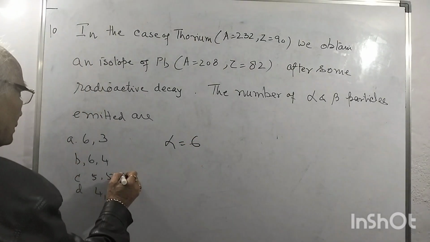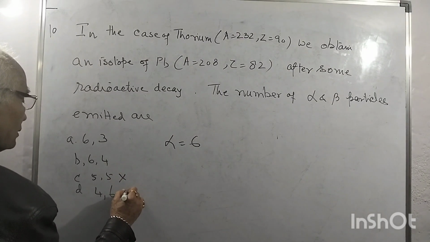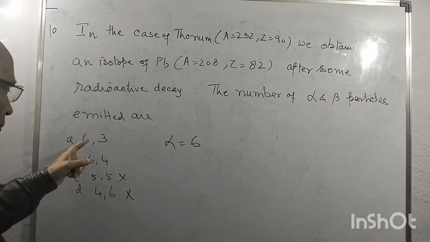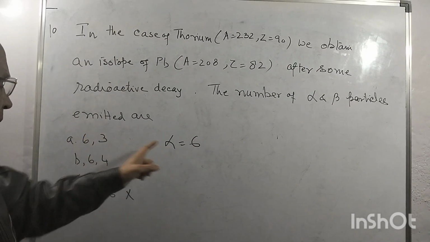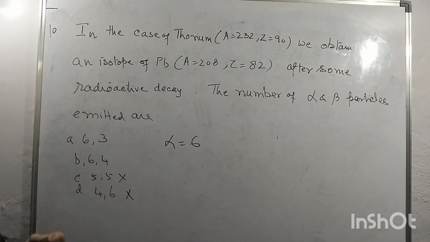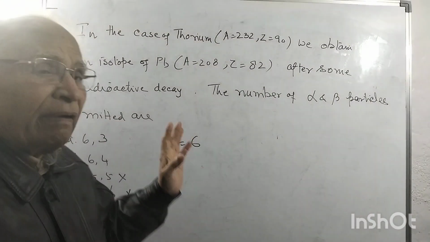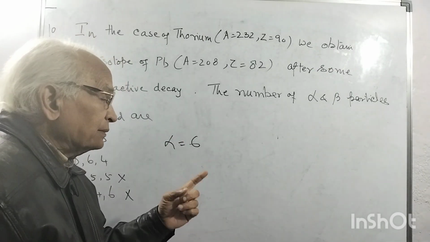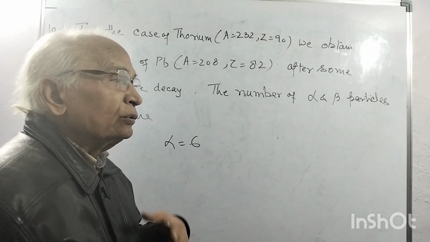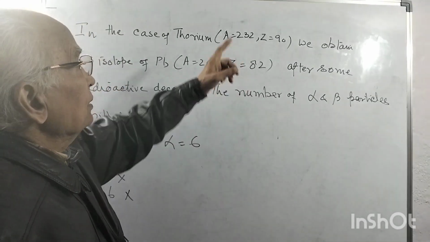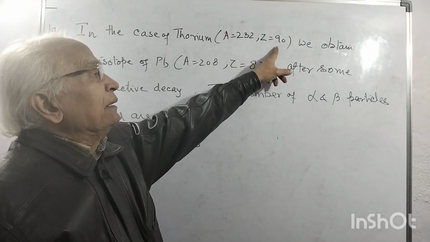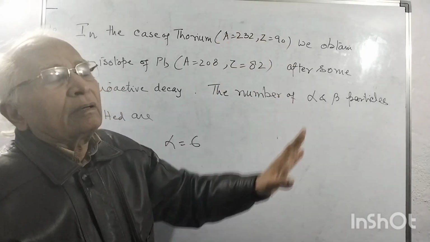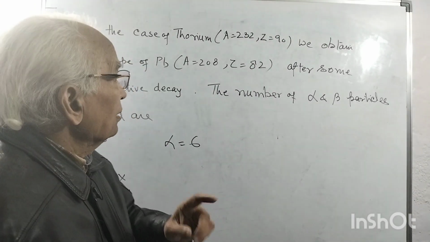So this answer is not correct. This answer is not correct. These two may be correct; we have to check because alpha is 6 here. Now how many betas? When 1 alpha is emitted, 2 charge decreases. With 6 alphas emitted, 2 into 6, 12 charge decreases. So 232, Z 90. 12 charge decrease means 90 minus 12, 78.